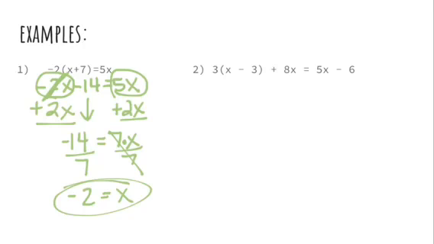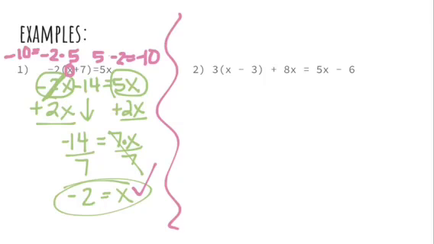I'm going to check my answer by plugging in. If I plug in -2 here, -2 plus 7 is 5. So I have -2 times 5. That gives me -10. Over here I have 5 times -2, which is -10. So this works.